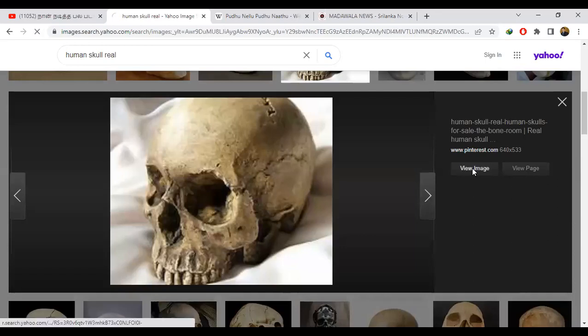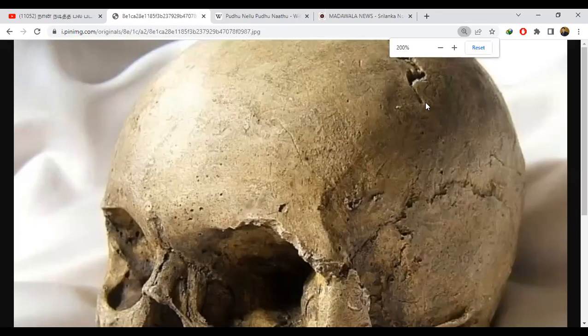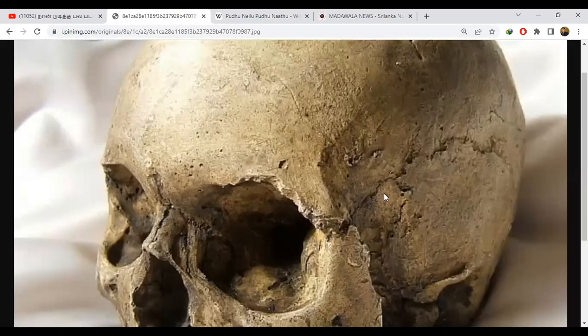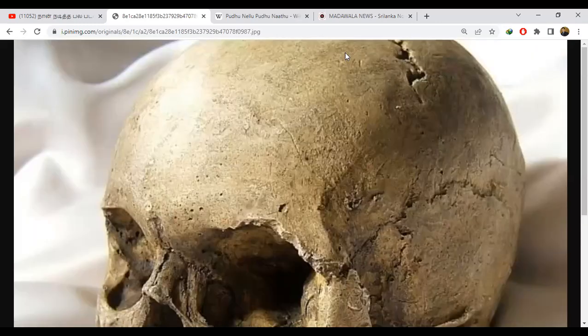In this human skull, you will notice stitch-like lines in these places. One is coming, another one is going like this. They are the ossified joints.